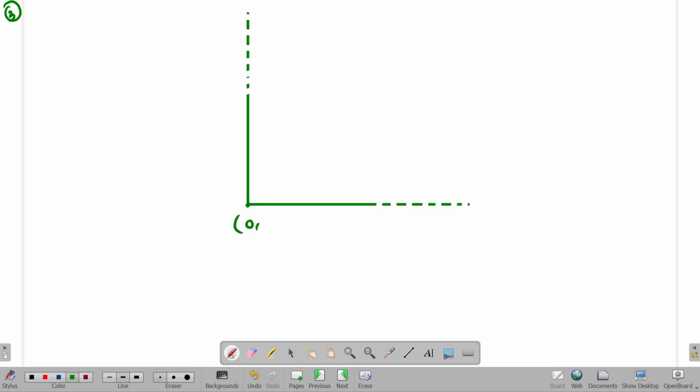This is 0 comma 0 comma 0. The current is going this way. The question is to find the magnetic field at coordinates a, that is a comma 0 comma 0, b, which is at minus a comma 0 comma 0, and at some random point c, which has coordinates 0 comma 0 comma a. Find the magnetic field at all these points.